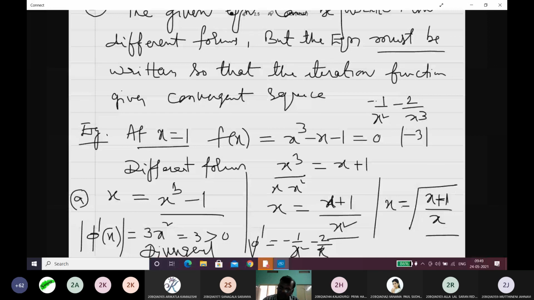Mod of -3 is equal to 3, greater than 0. It is also divergent. Now it may be convergent. So ila different forms lo series exists out there.